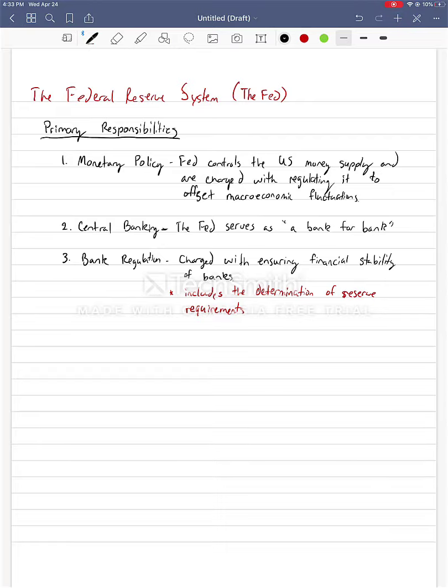Very briefly, let me just touch on the organization of the Fed, so I can make some distinctions that I probably didn't touch on as specifically in the notes. First and foremost, the Fed is independent of the federal government.